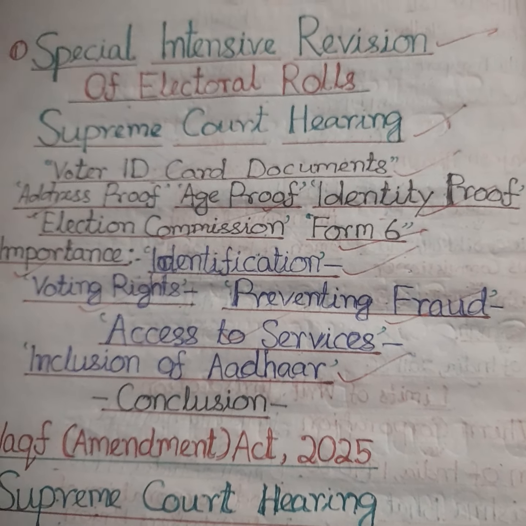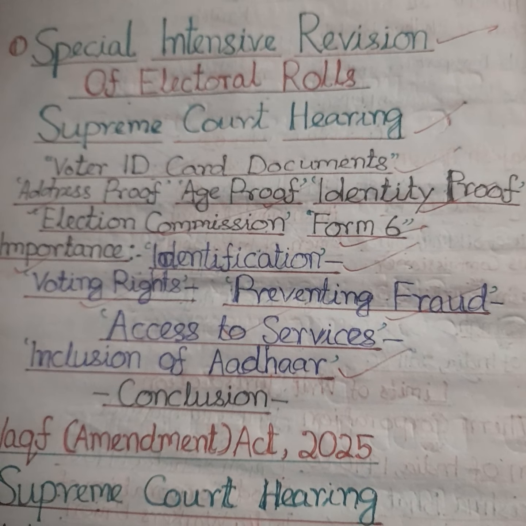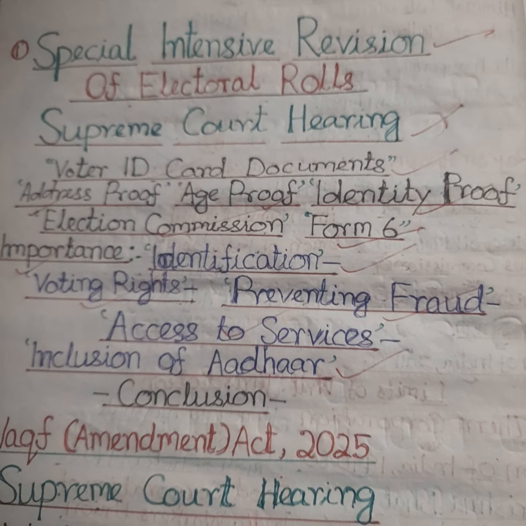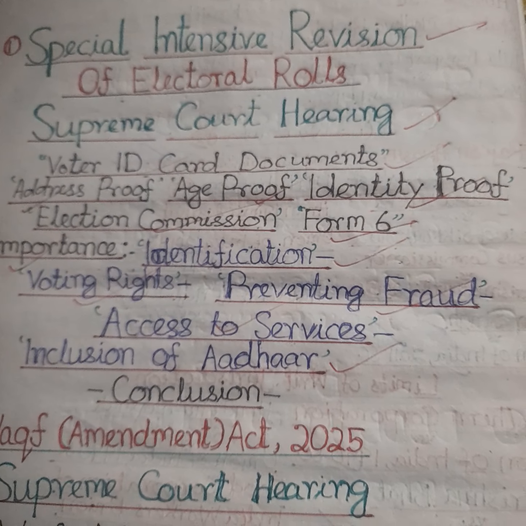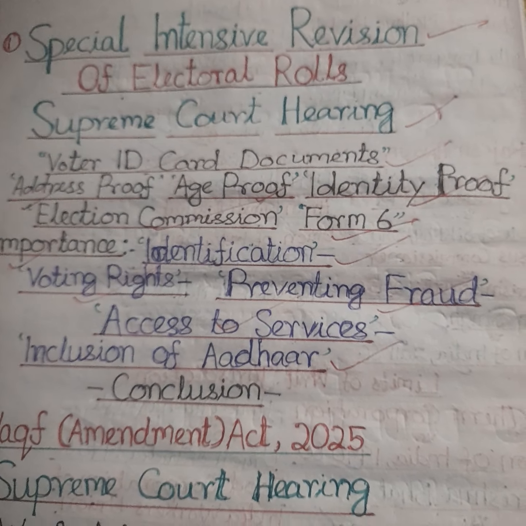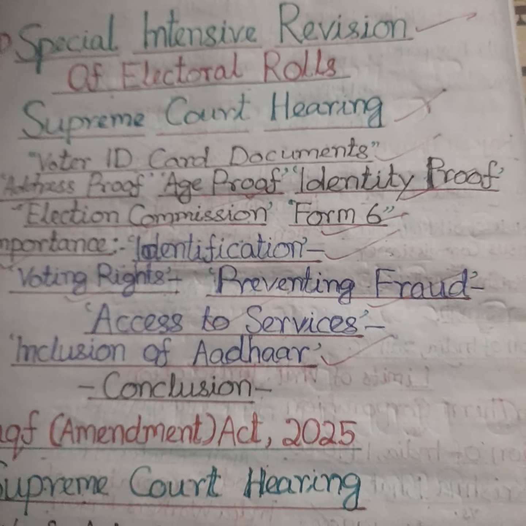So the apex court asked the Election Commission to issue necessary directions to the booth level officers to accept Aadhaar as an identity proof for those seeking inclusion and exclusion of names from the voter list.